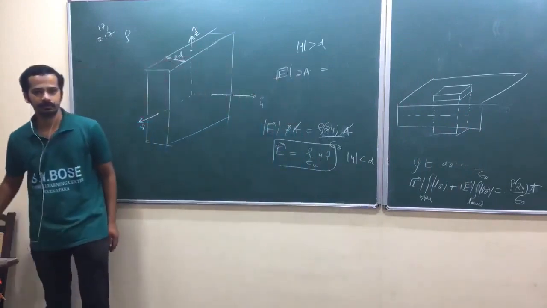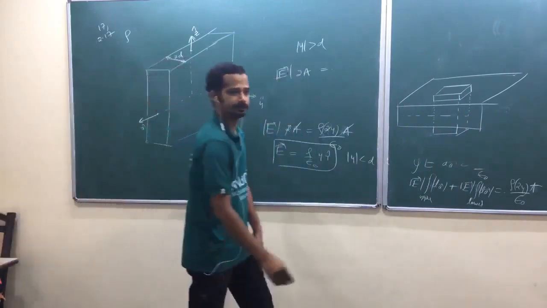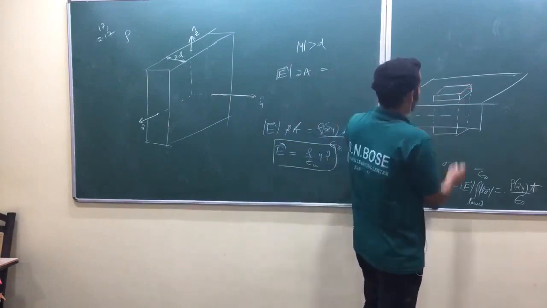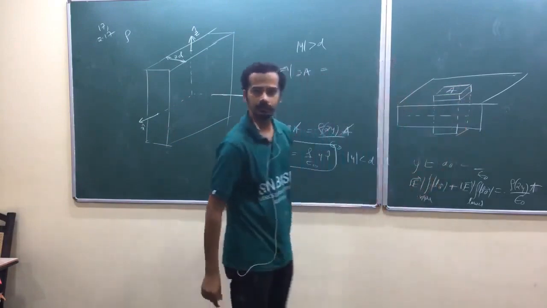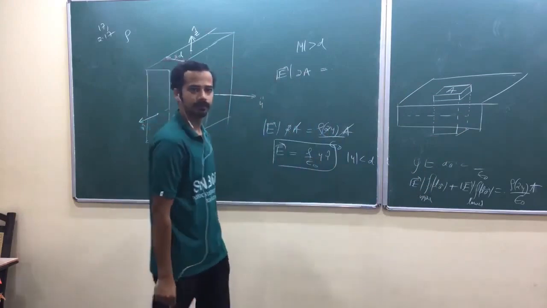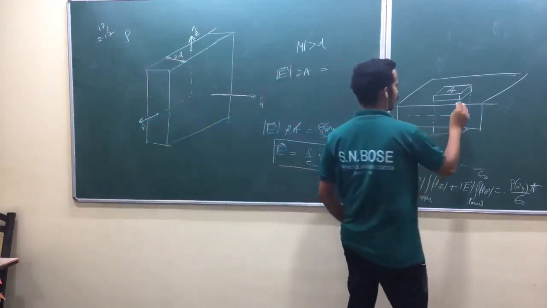Above and below, symmetrically, so that I can argue electric field at this surface and at this below surface are both the same, isn't it? Because of symmetry. Now look at here.